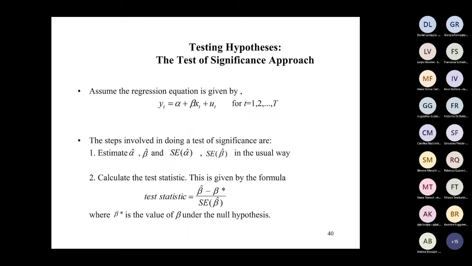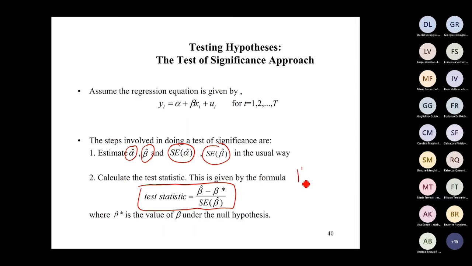Now, in the test of significance approach, in step 1 we need alpha hat, beta hat, and the standard error of beta hat, and the test statistic is based on the ratio where in the numerator we have the estimate beta hat minus the value of beta under the null hypothesis.